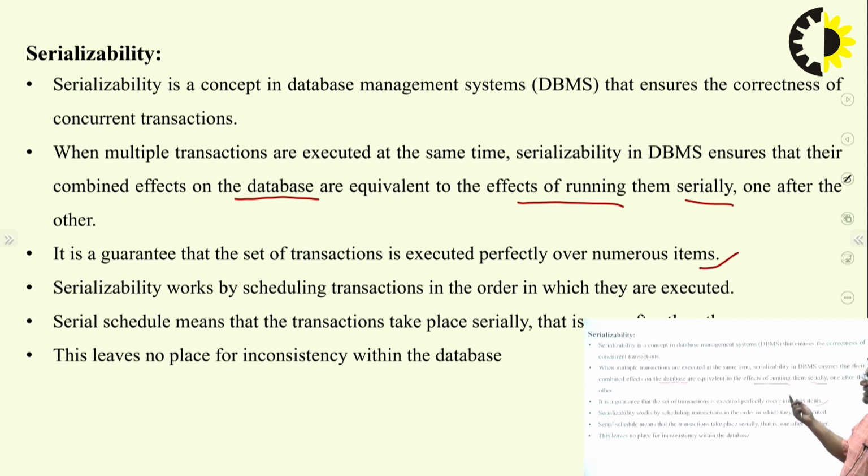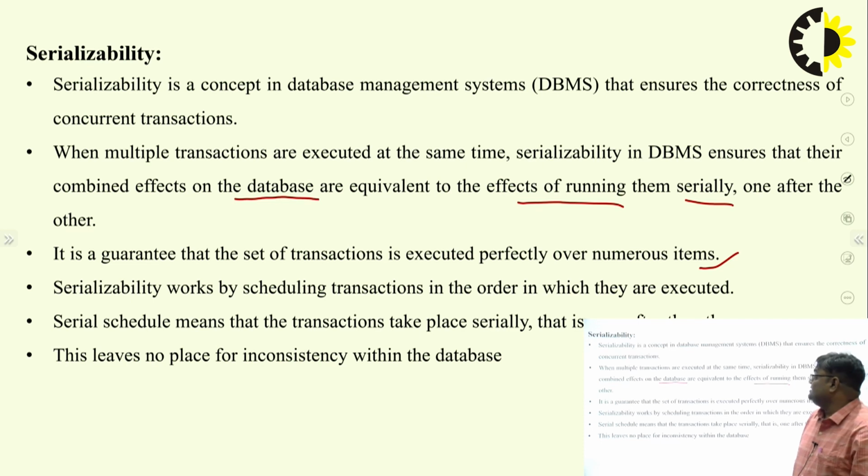We have to check all the data items. Serializability works by scheduling transactions in the order in which they should be executed, so that it leaves the database in a consistent state.